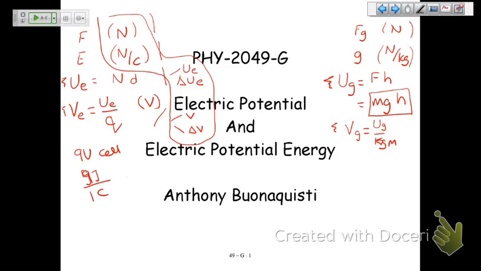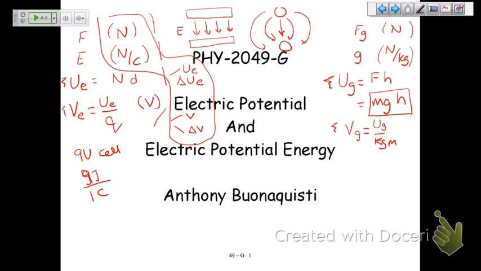And then the other little wrinkle is that I can have questions where I'm inside a capacitor, where the electric fields are nice and uniform. Or I can talk about this where I am around point charges, where the electric fields are anything but uniform.